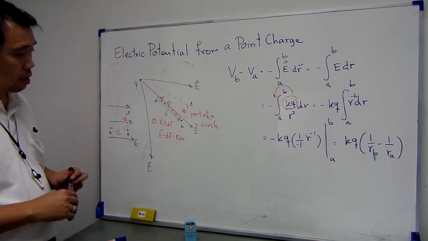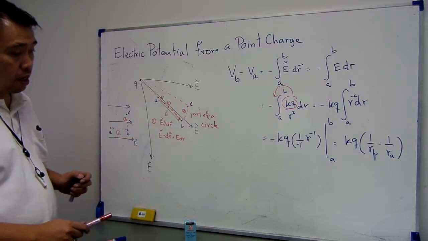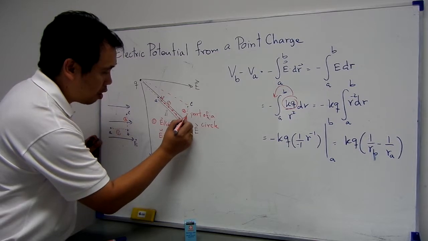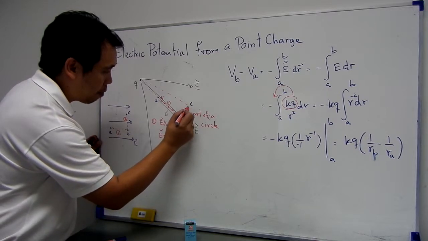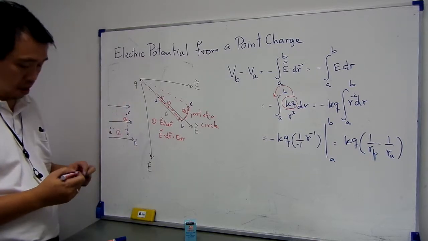Now look at the second part. You can see that this is the circular part, having Q as a center.